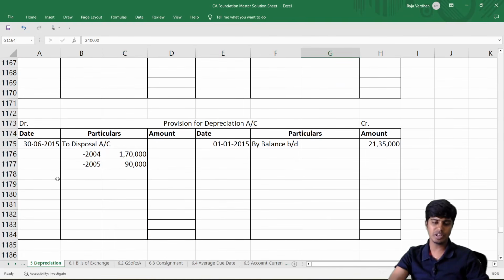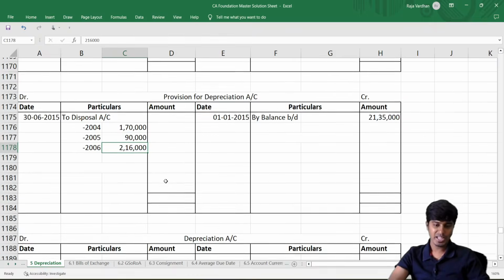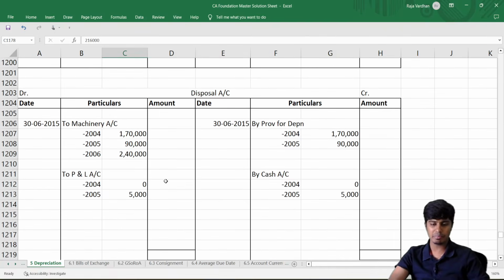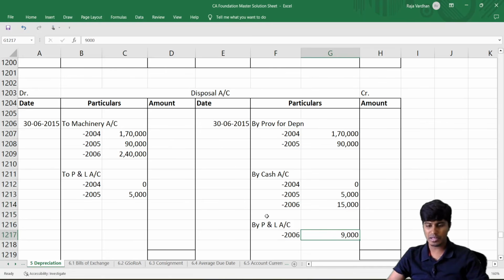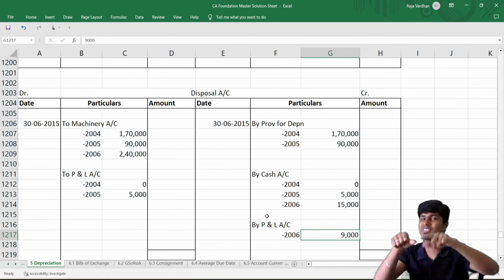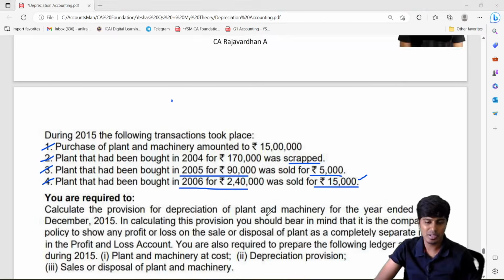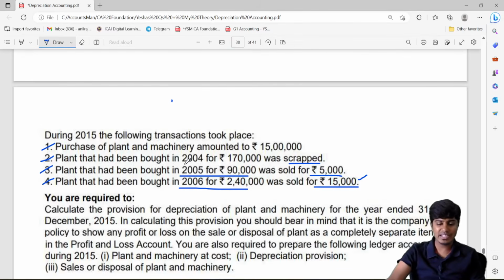And in provision for depreciation, I'll write 2006 asset, 2 lakh 16,000 is the accumulated depreciation written off, including 6 months depreciation in current year. And next up, I'll write consideration received 15,000. Then I'll write loss of 9,000. Or loss of 9,000 has to come here, by P&L 2006 9,000. This will go to P&L account debit side. And by this, we are done with the entire adjustments.